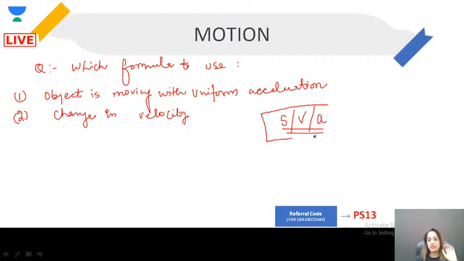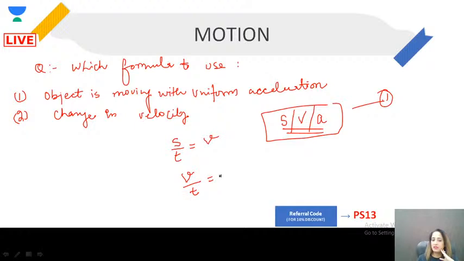What is the relationship between these three? The rate of change of distance or displacement is called velocity, and the rate of change of velocity is called acceleration.